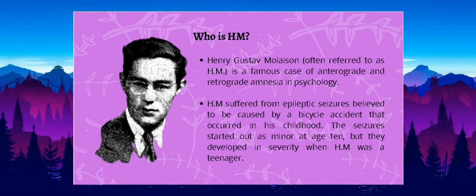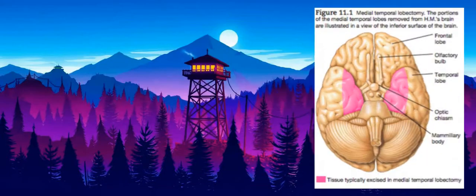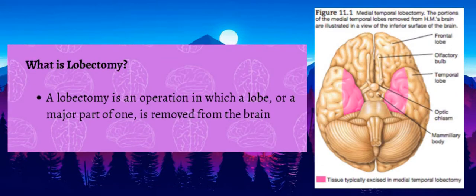In the next slide, we can see both his left and right temporal lobes, because the removal of one medial temporal lobe had proved to be an effective treatment for patients with a lateral temporal lobe focus. So the decision was made to perform a bilateral medial temporal lobectomy, which means the removal of the medial portions of both temporal lobes, including most of the hippocampus, amygdala, and adjacent cortex.